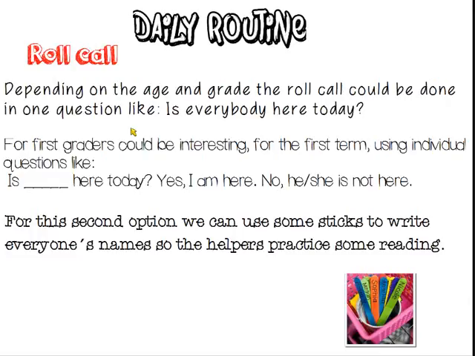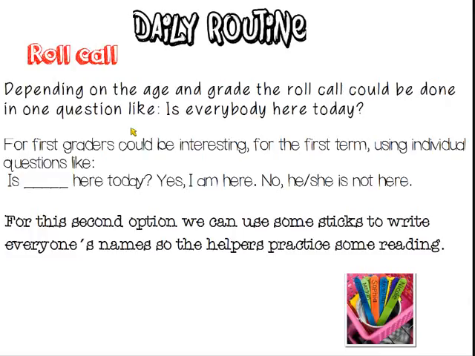So we give them the chance to remember the names of the fellow students, and also to participate in some way. For the more shy or the less active students, at least they have to say, "Yes, I'm here," or "No, she's not here."